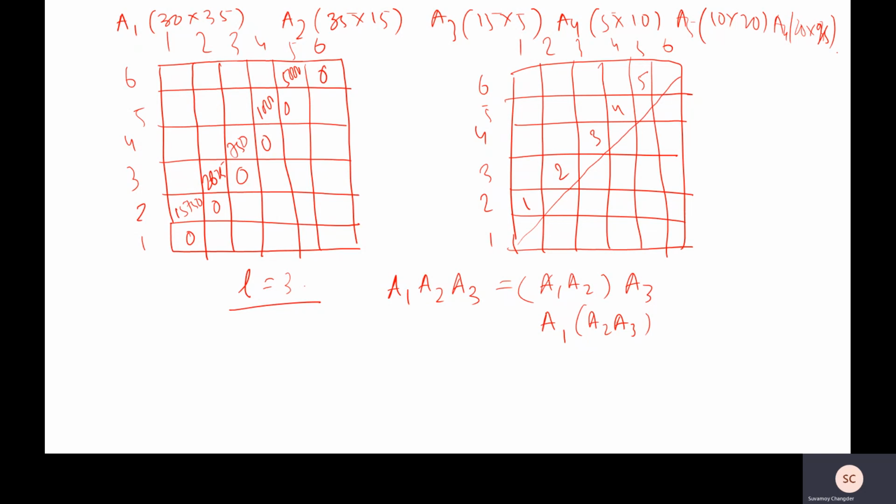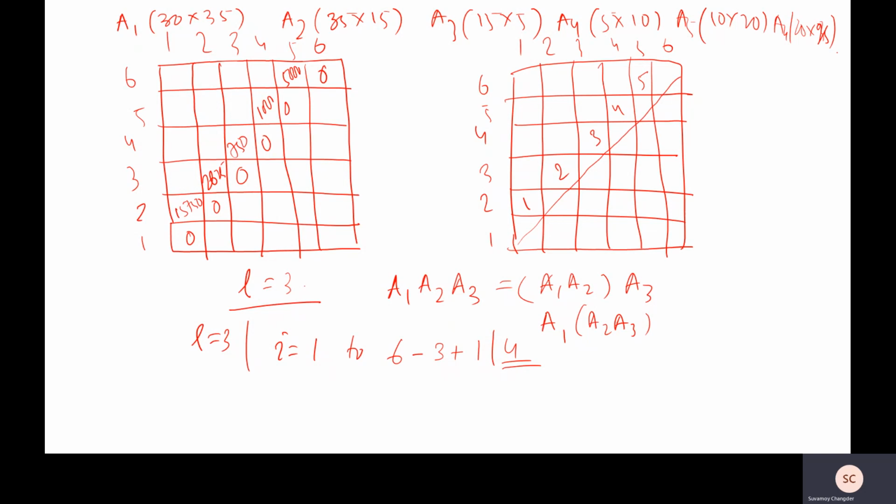For the algorithm, for L equals to 3, we get i from 1 to n minus L plus 1, that is 6 minus 3 plus 1, so this value is 4. Therefore we have 4 different options to go: A1 to 3, 2 to 4, 3 to 5, 4 to 6. 4 options, right?